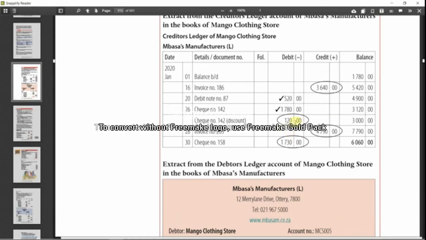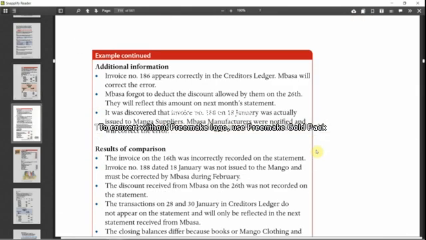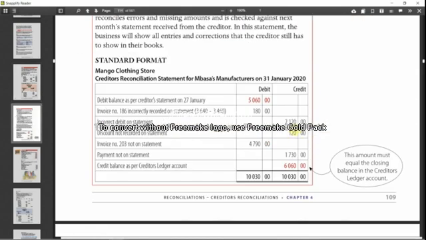They will add it to the next statement, but we for now have to add it on our equivalent of their statement, the creditors recon, on the credit side as 120. So we have discount not recorded on the statement as 120 Rand.